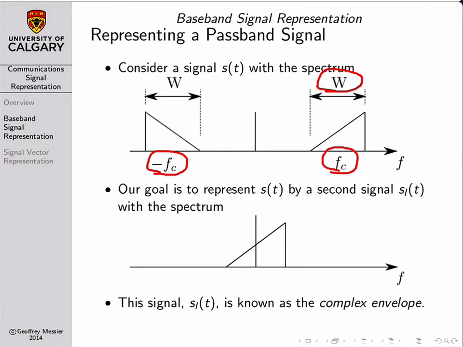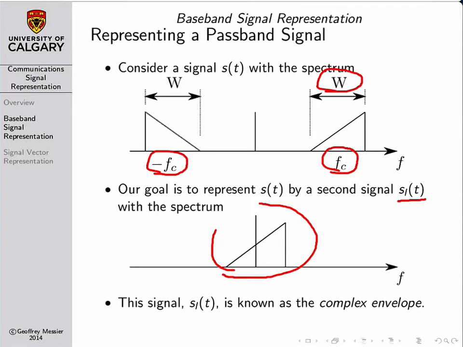By far, the most common example of a passband signal is a wireless signal, but there are other examples as well, both on wired channels and in optical channels. Our goal is to represent a passband signal by a second signal, which we denote as s_L(t), with a spectrum centered at DC, or zero frequency.